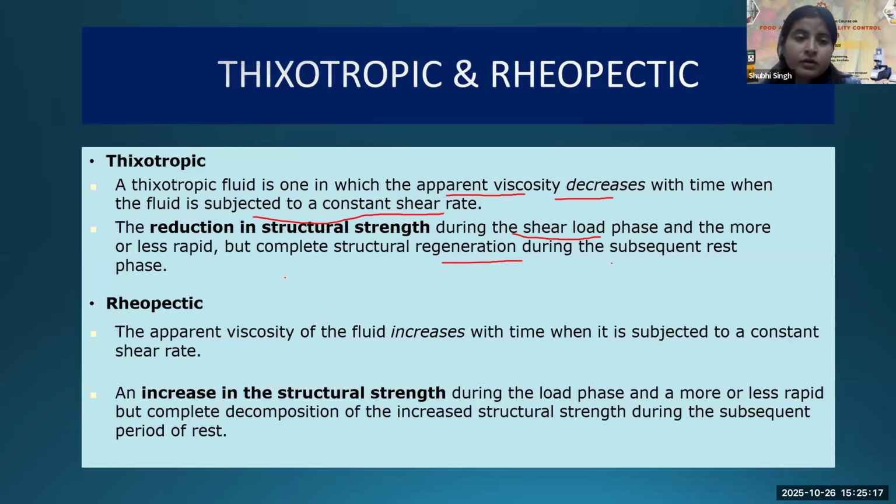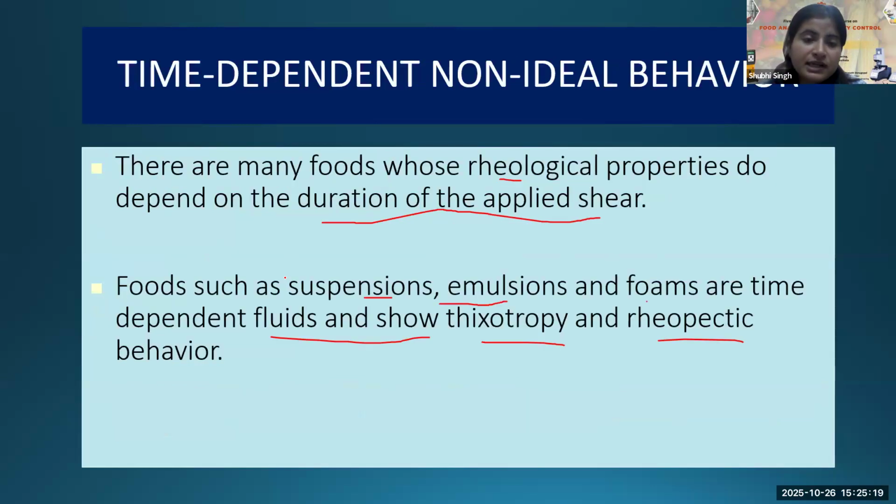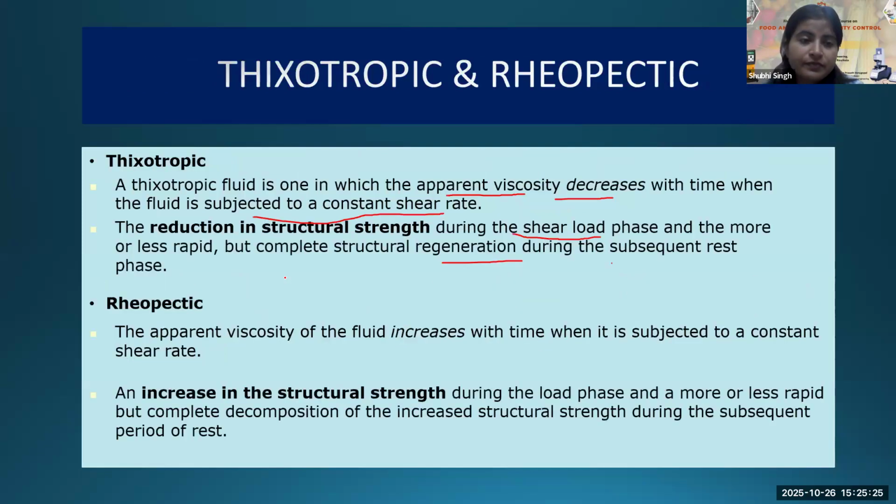We have already seen examples of thixotropic liquids such as suspensions, emulsions, and foams. And what is a rheopectic fluid? The apparent viscosity of the fluid increases with time when it is subjected to a constant shear rate.